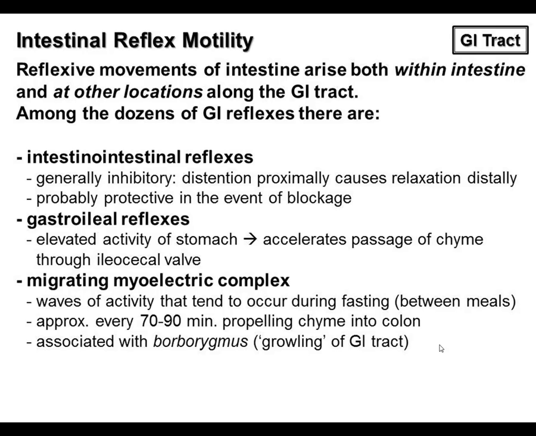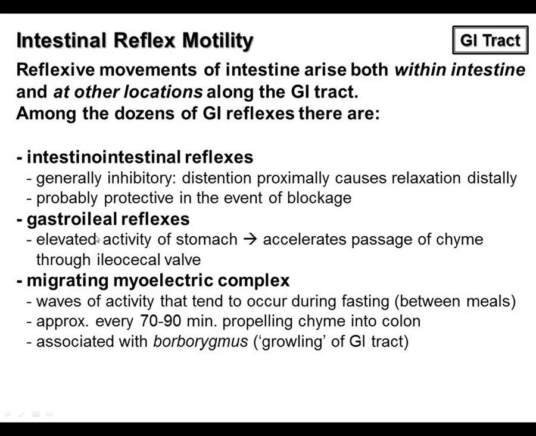That will ensure that once the contraction occurs with the peristalsis, we already have a relaxation distally, which will allow the food to go from one end to another. So once again, the intestinal reflex is distension proximally causing relaxation distally.